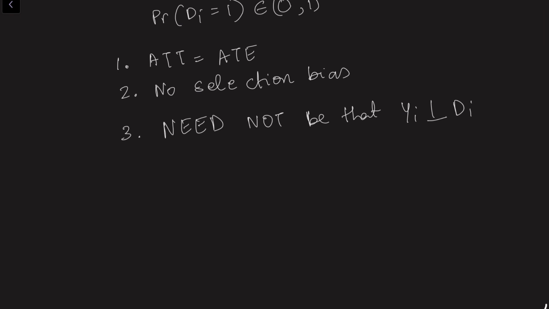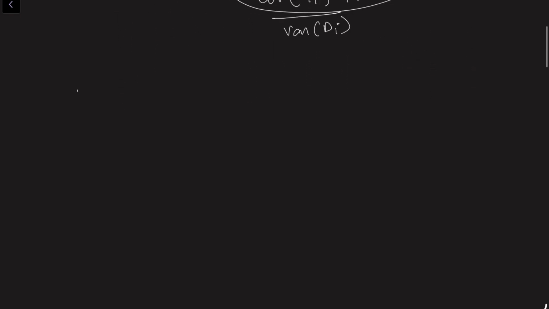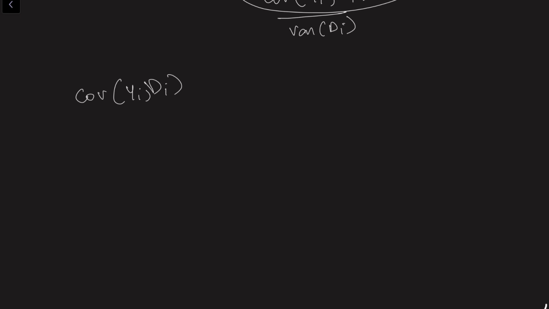So now we will go into how correlation and ATE might be related and how it can be proportional. So consider the covariance of yi, di. Let's write this in expectation form.